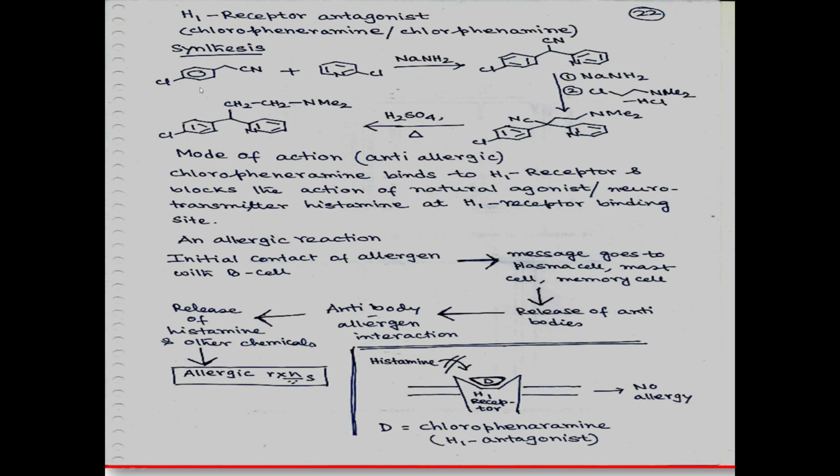Chemical synthesis starts from a para-disubstituted aromatic compound, where with respect to chlorine, at the para position a CH2CN group is there. Now when it reacts with sodamide, sodamide is a base and an anion is generated at the benzylic position. Now when this anion reacts with 2-chloropyridine, the chlorine goes, nucleophilic substitution happens, and the pyridine ring comes at the benzylic position of this compound, so we get this.